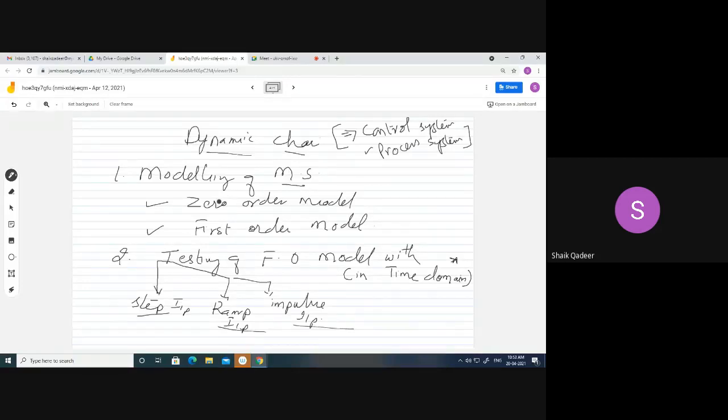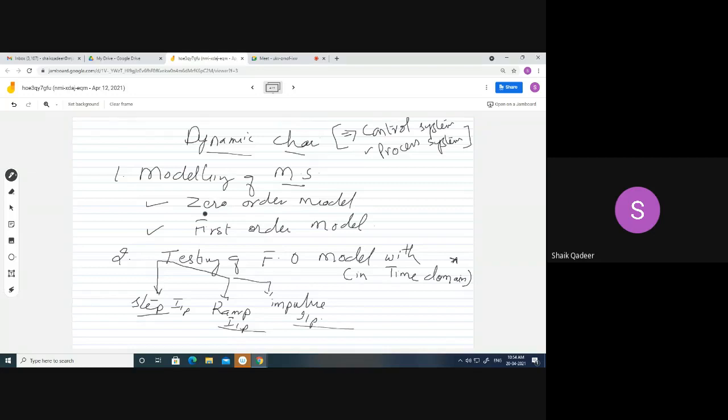After that, we will see how we can give a tag to the measurement system, like whether it belongs to zero order, first order, or second order. First we will see what this order is, then the significance of order, and then the pitfalls of having smaller and higher order.